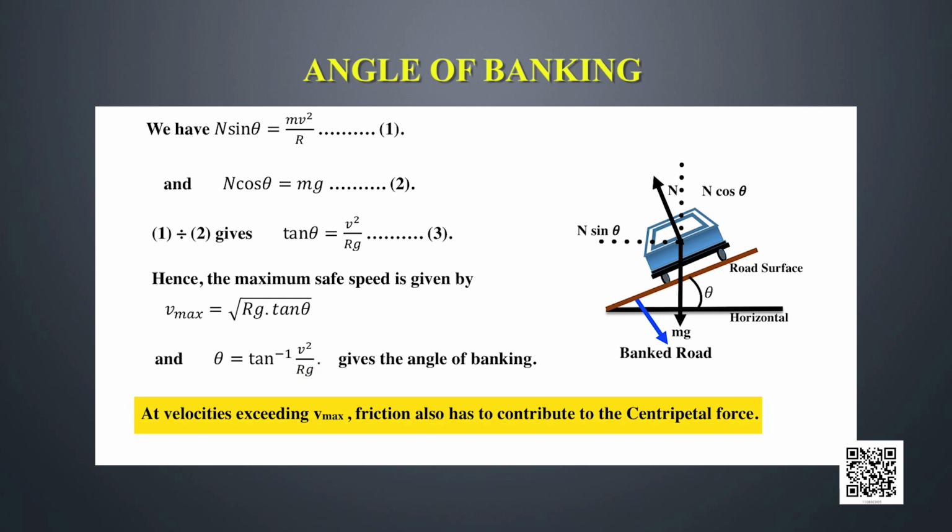At velocities exceeding v maximum, friction also will have to contribute to the centripetal force, which we will discuss in the next part. Now we will discuss the motion of a car on a banked curved road with friction also contributing to the centripetal force.